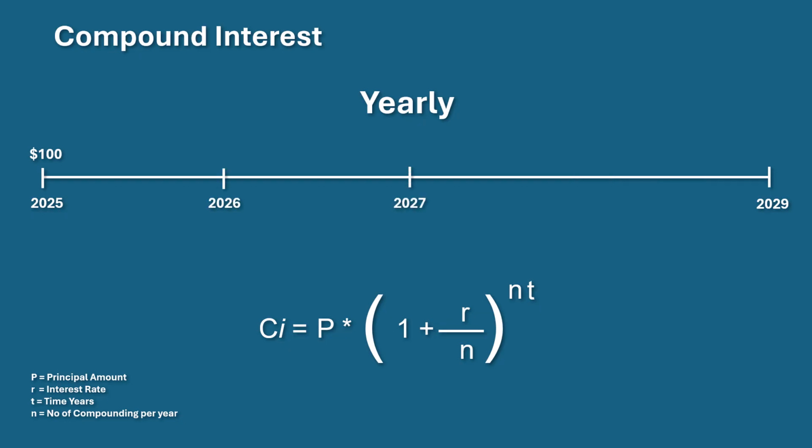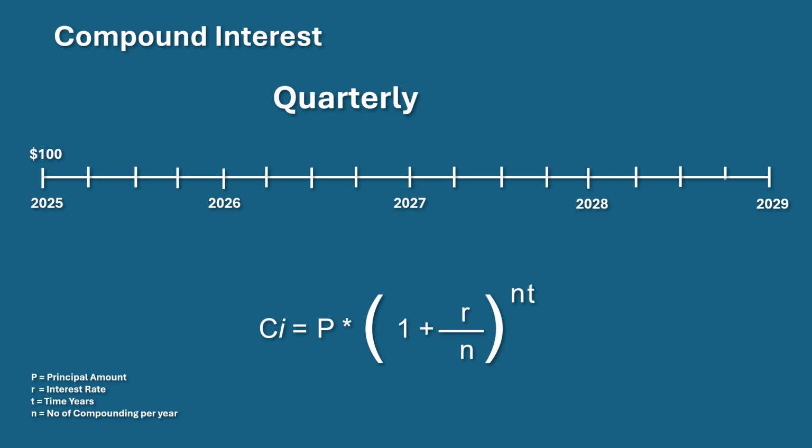So the number of compounding periods per year, which we call n, equals 1. If compounding is semi-yearly, it means the interest is applied twice a year, but each time with half the annual interest rate. So n equals 2. If compounding is quarterly, it means the interest is applied 4 times a year, but each time with 1/4 of the annual interest rate, so n equals 4.